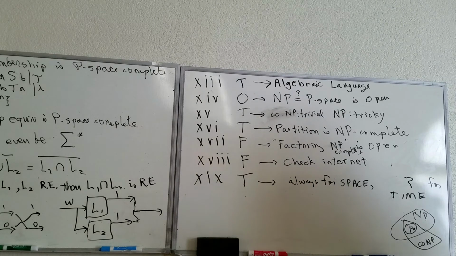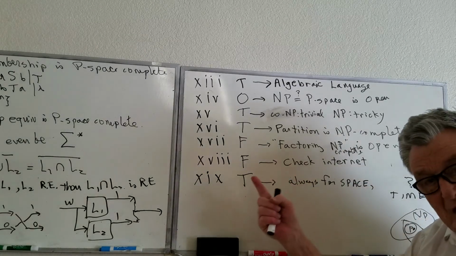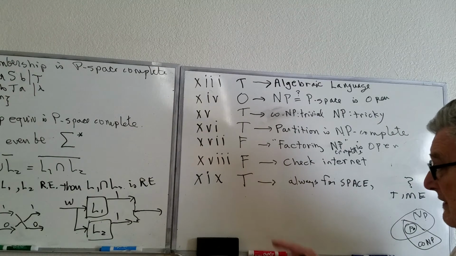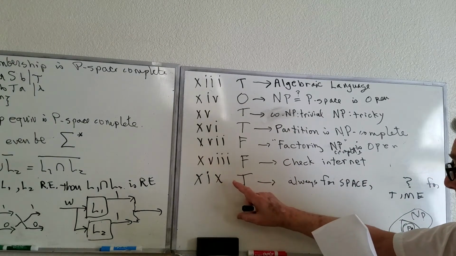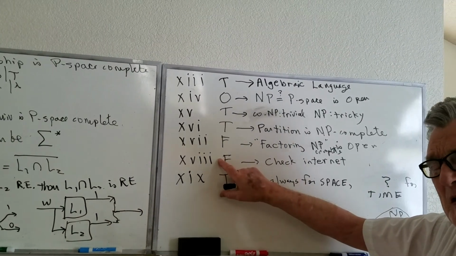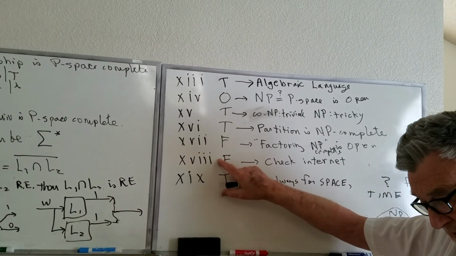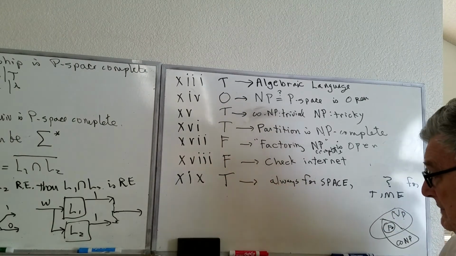But when you close the chain up and you ask, is the one on the left equal to the one on the far right, NC equals PSPACE, combining it together gives you false. So NC is definitely not equal to PSPACE, and that's known. You can find that on the internet if you look hard enough.